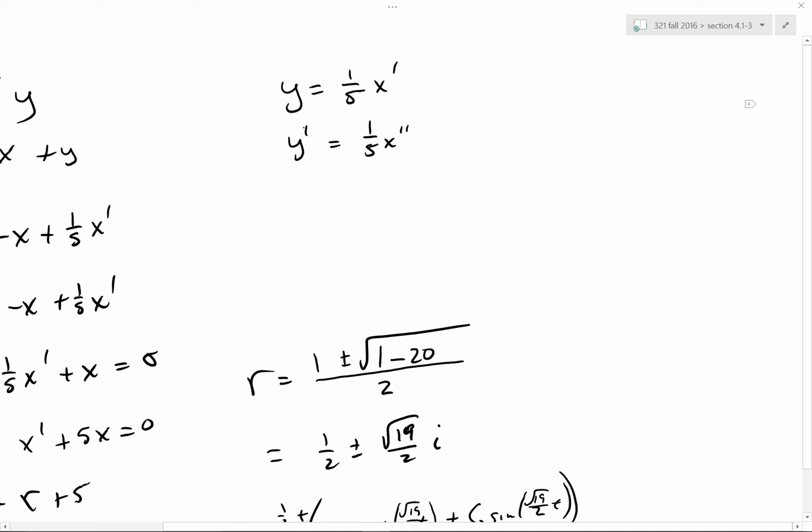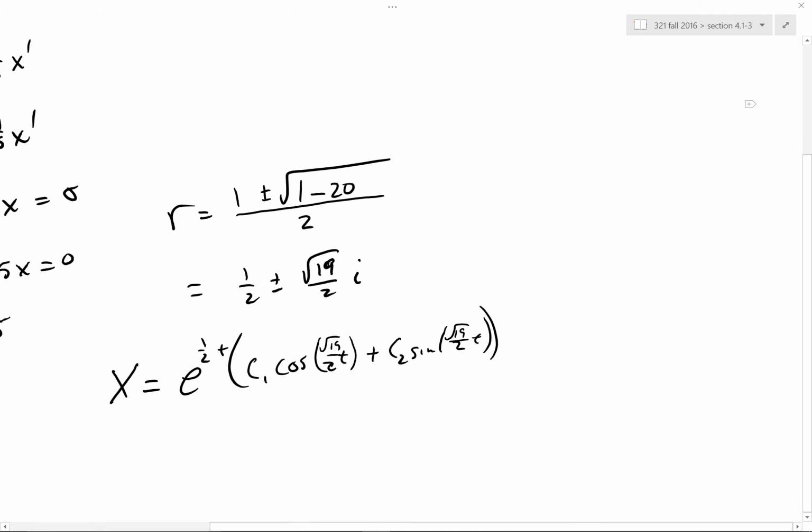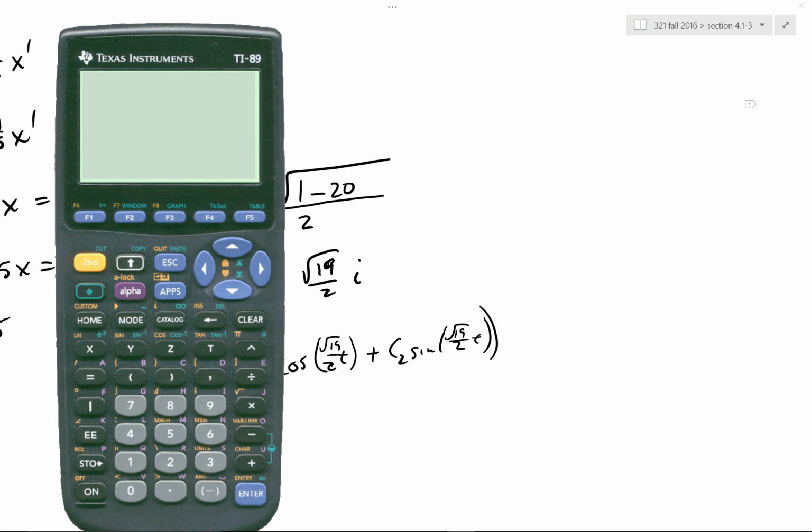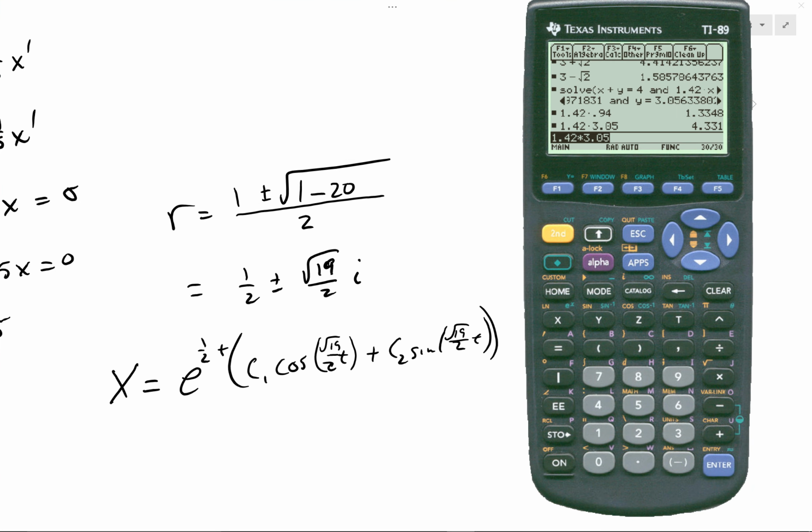Well, according to the recipe, y is 1/5 of the derivative of x. So this is what I'm going to do. Because I really don't like taking derivatives if I'm not doing a Calc 1 class, to be honest with you. They're not that fun to me. What I'm going to do is go e to the negative 0.5 t, okay, times parentheses.